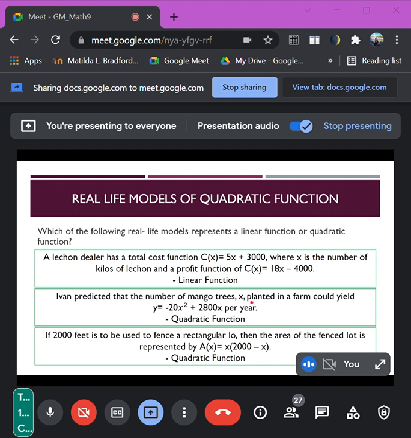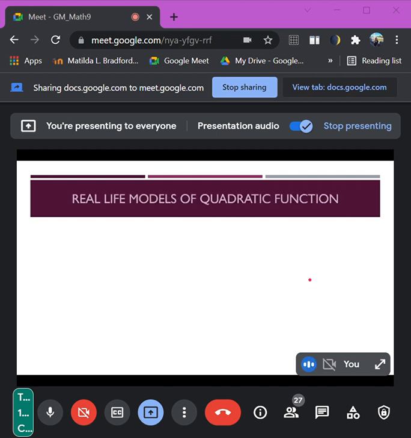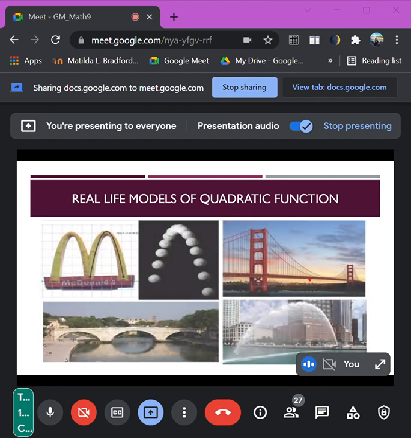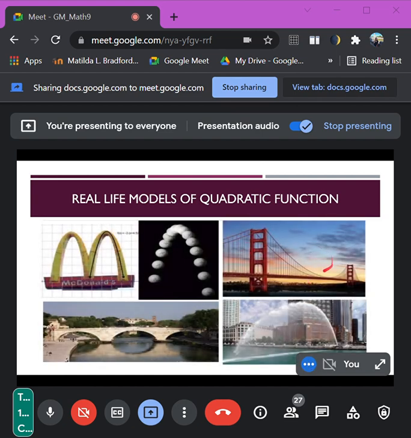Okay, and now we are going to have some pictures. So this one, the McDonald's logo, as you can see, that is a parabola. This one is for the planets. And then you have there the San Juanico Bridge. This one, and then this other bridge. And then this, maybe the Merlion.